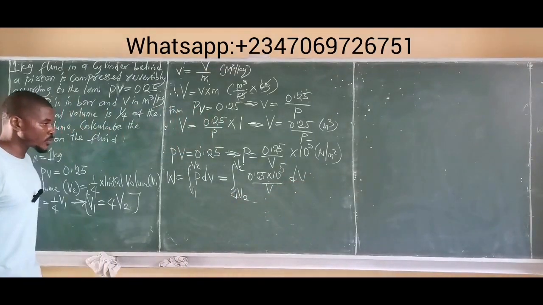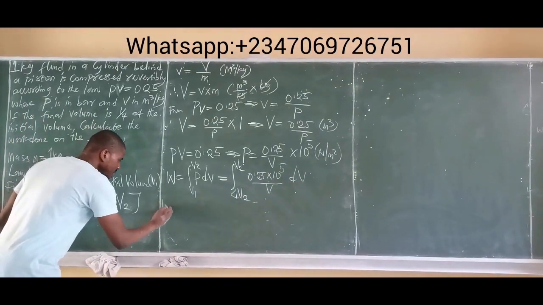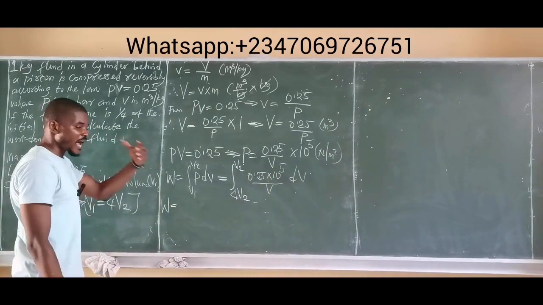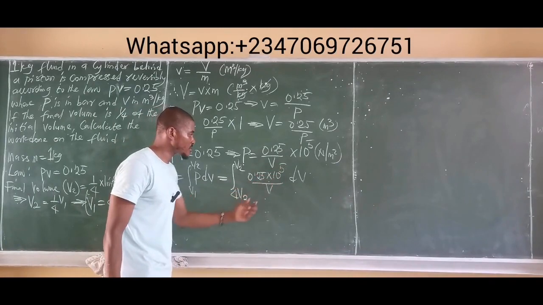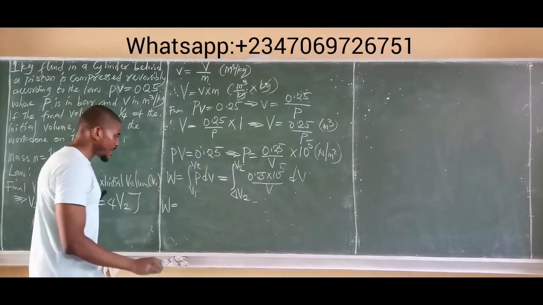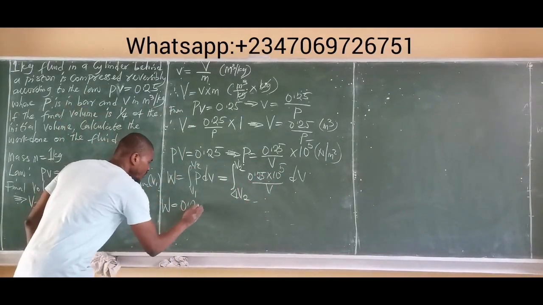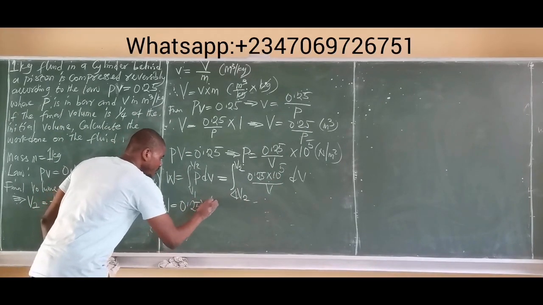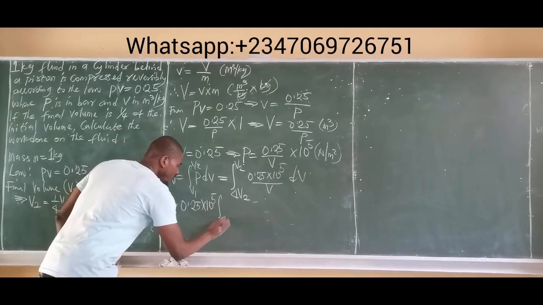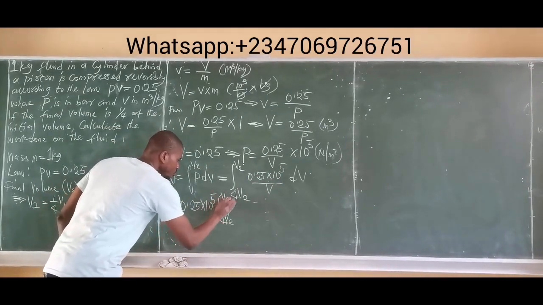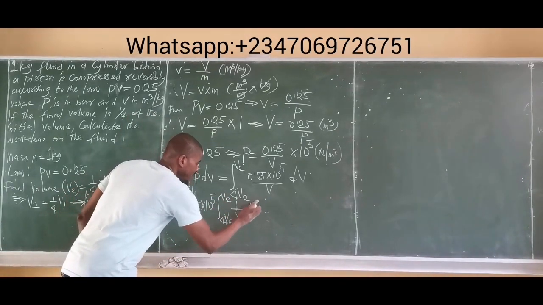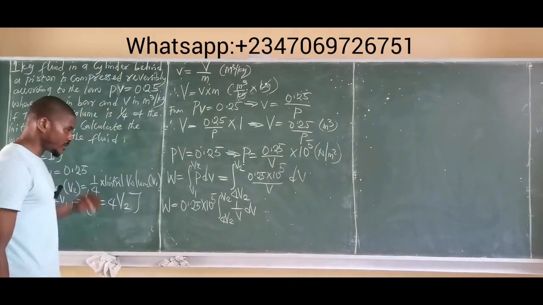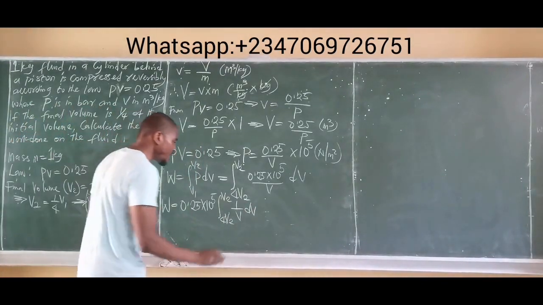From integration principle, always take a constant out of the integral sign. So 0.25 by 10 to the power of 5 is a constant. You pull it out. That will give you 0.25 by 10 to the power of 5, integral from 4V2 to V2 of 1 all over V multiplied by dV. Okay, so we can now integrate.